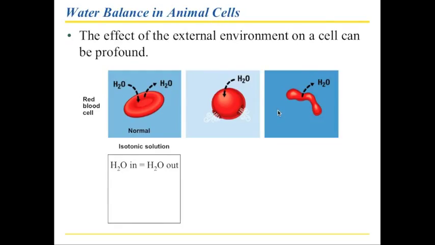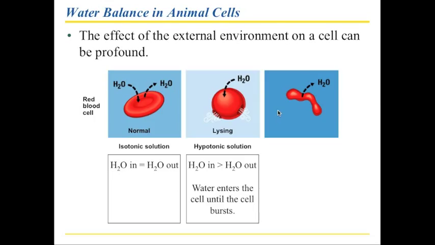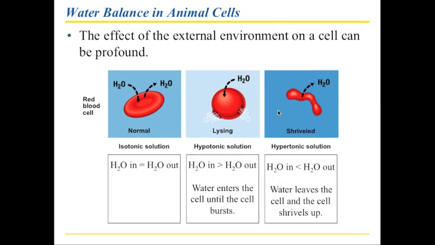Now, when you look at this in a picture, you'll see that the external environment can really do a lot to a cell. So in the first case, you can see there that the cell is in a normal environment. And this is here indicated both by the shade in the background, the shade of blue, and what the cell actually looks like.